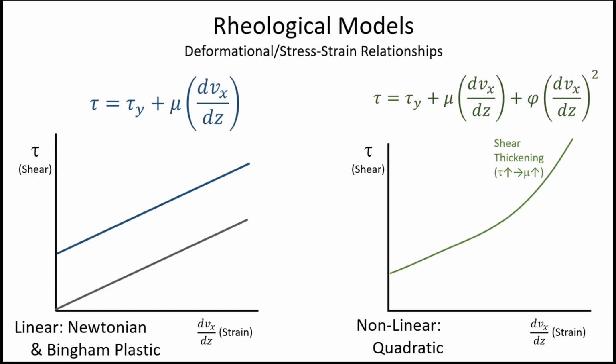The idea behind a convex nonlinear stress-strain relationship is that as the shear increases, the viscosity increases more, and so it actually becomes harder to strain the material as you apply stress. Or it can be shear thinning, and so it actually becomes easier to deform the material as you apply stress. And so these nonlinear models are other ways to model these flows, and we have these in RAS.